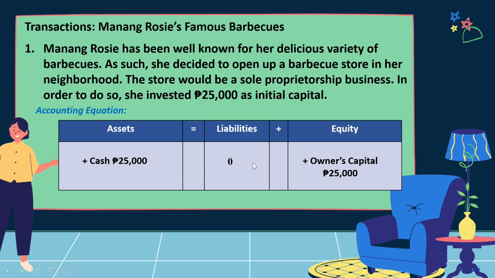So kapag in-add si liability which is 0 plus owner's equity which is the capital 25,000, is equal to 25,000. Assets niya is 25,000. So balance ang accounting equation based from this transaction, which is assets is 25,000, owner's equity and liabilities is 25,000.